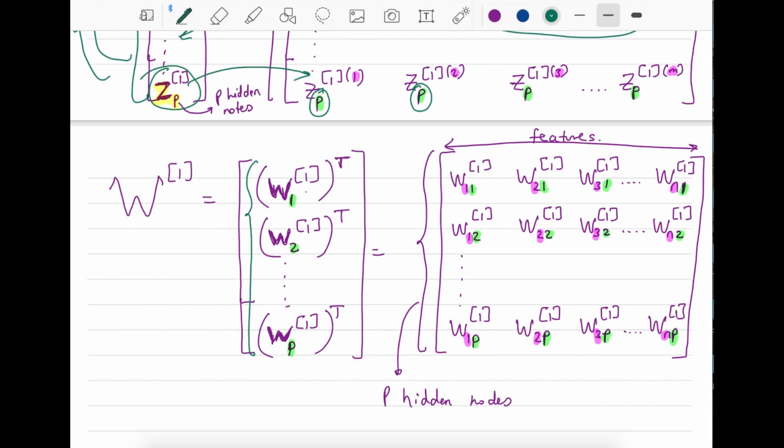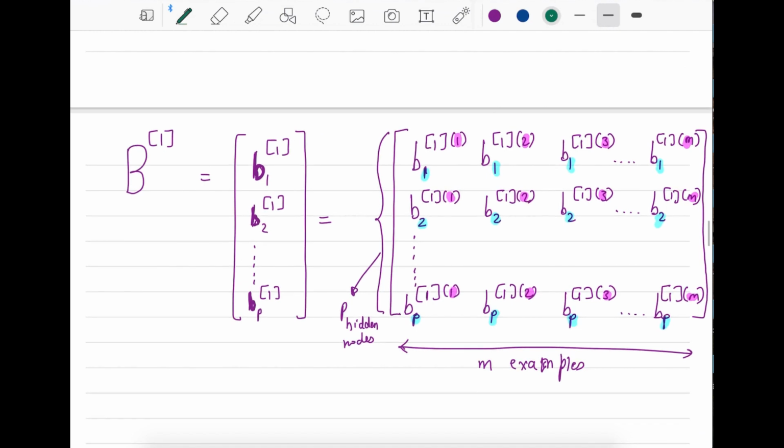So this bold W1 will have this vector, this W2 will have this vector, and this WP will have this vector. And you can see again the dimension will be that it has P nodes and N features. This color is showing you features and the green one is showing you the number of nodes. So this is the dimension of W.